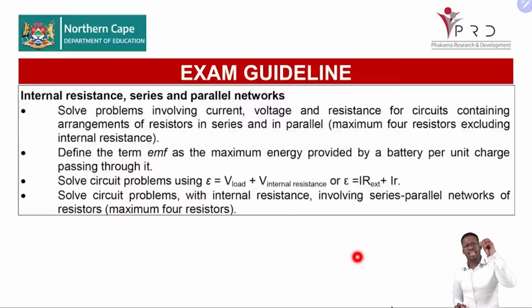If you have the internal resistance, you will be required to get the EMF. If you have both internal resistance and the EMF, you will be required to calculate the total current. So you should be in a position to use one of these formulas. The circuit diagram provided will be limited to 4 resistors.